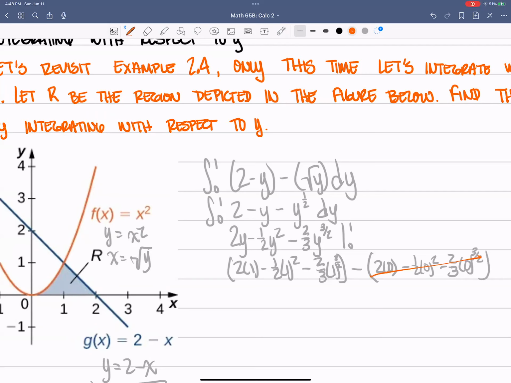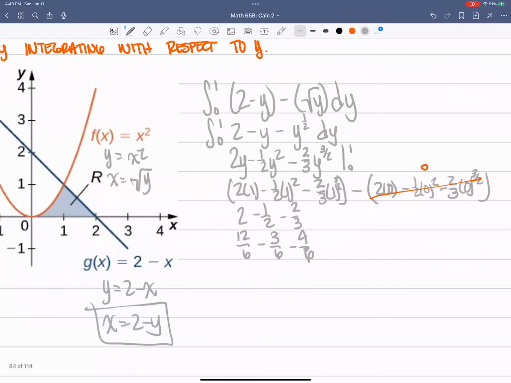This whole part goes to 0. And we are left with 2, negative 1/2, negative 2 over 3. So get it all over 6. 12 over 6 minus 3 over 6 minus 4 over 6. So negative 7 plus 12 is 5 over 6.